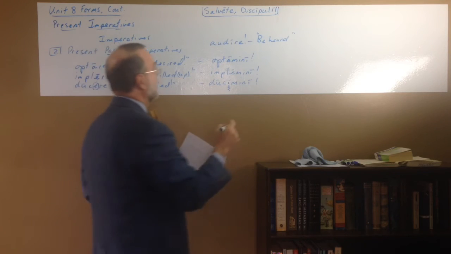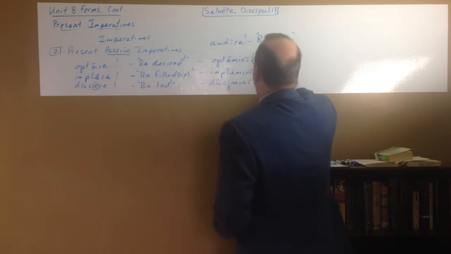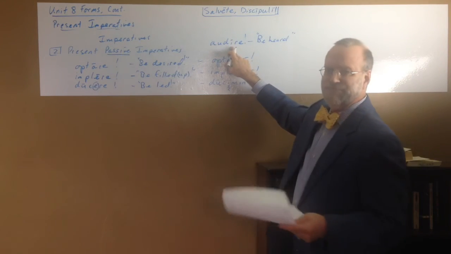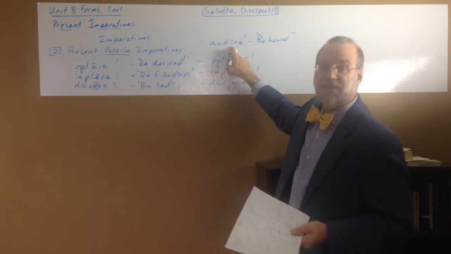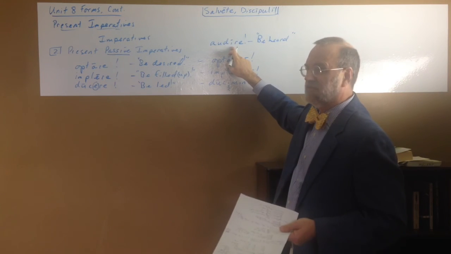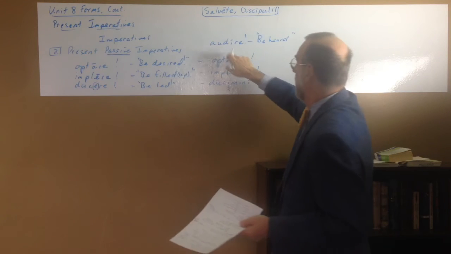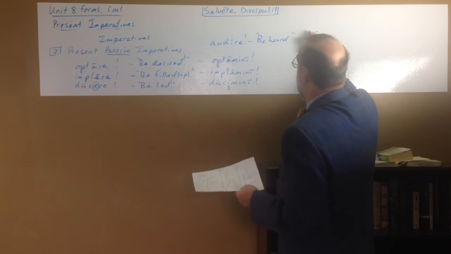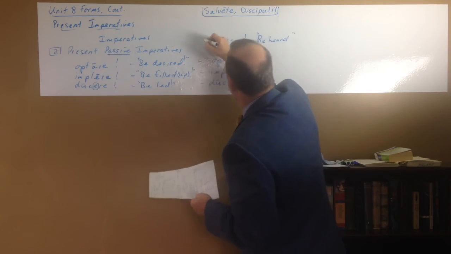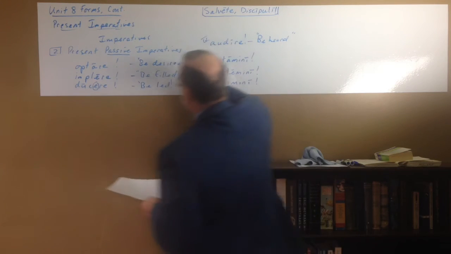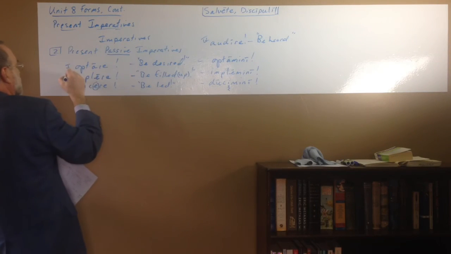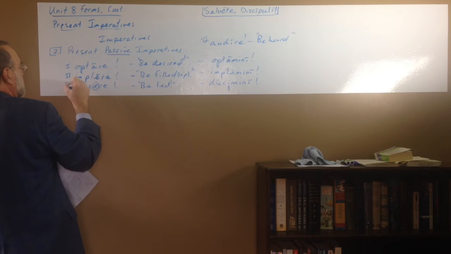Okay, and I've been using audio, it doesn't matter. Sentio, sentire, feel, perceive is the model verb, but that's okay. Audio is good enough for fourth conjugation, so first conjugation, second conjugation, third conjugation.